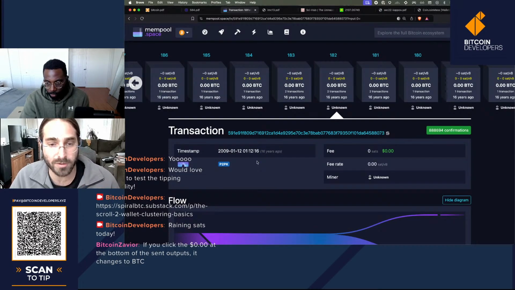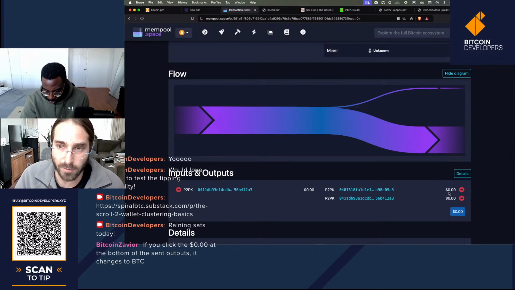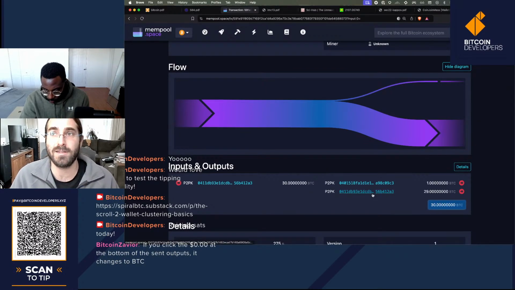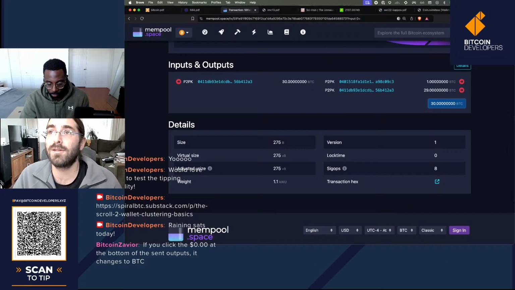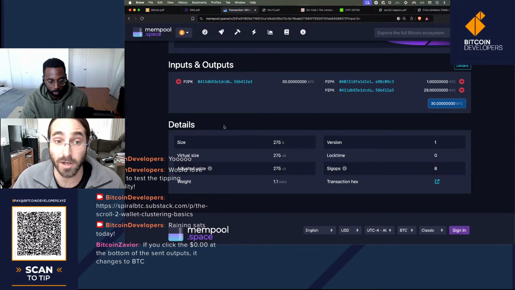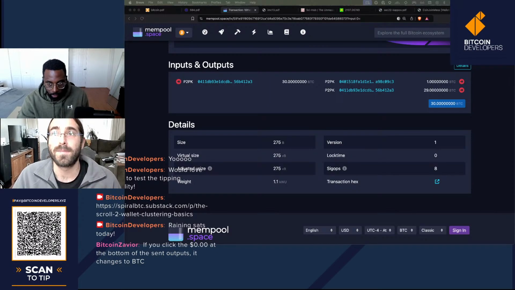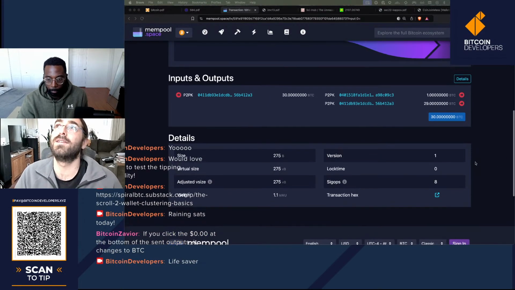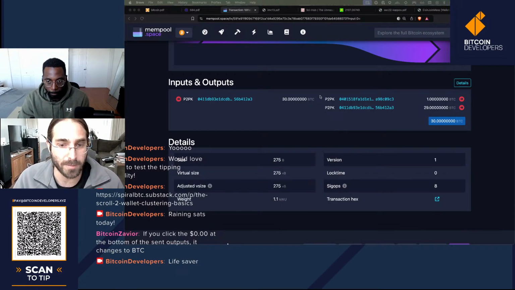Even though they don't share the same address, you can still cluster them together. And just that principle has given rise to a wealth of blockchain analysis techniques. This has been refined and extended with other heuristics, but even just that very simple concept, which Satoshi already describes in full, I think in the first paragraph of the white paper. So that's where chain analysis starts. It starts with the white paper.